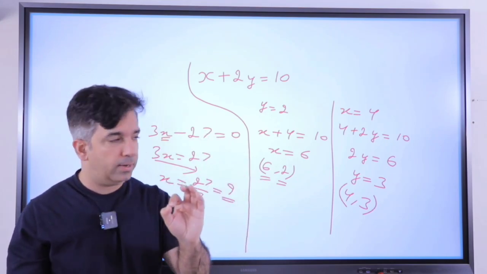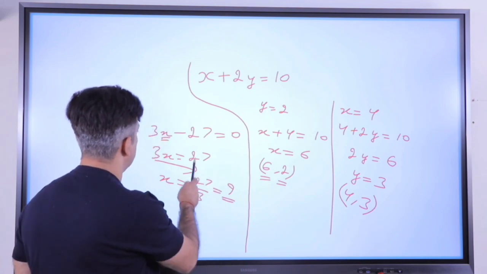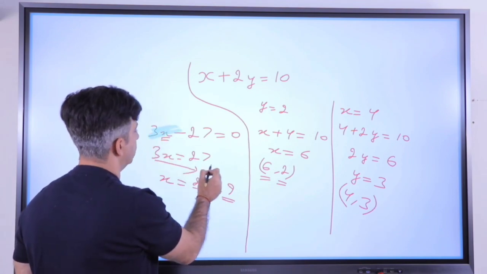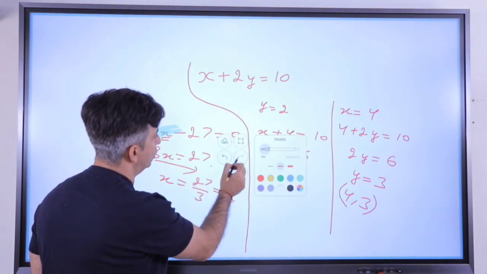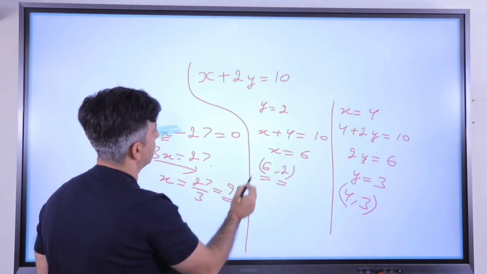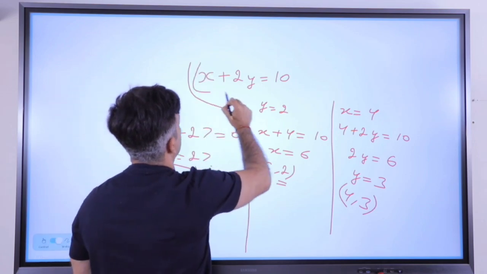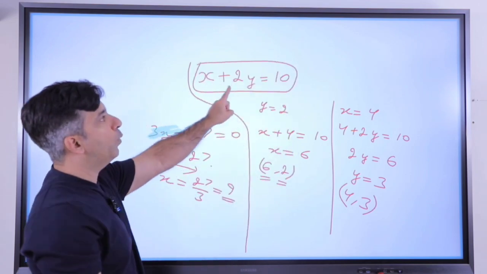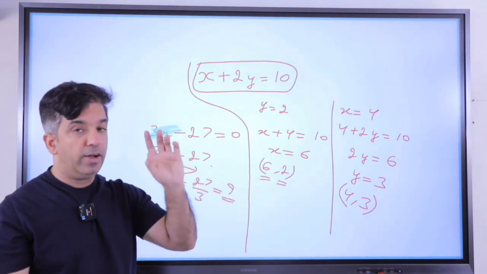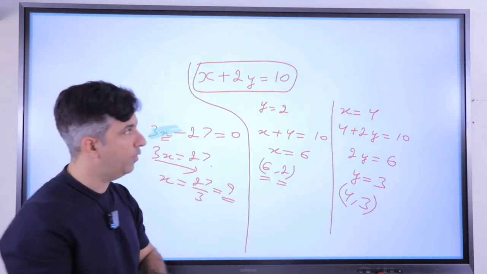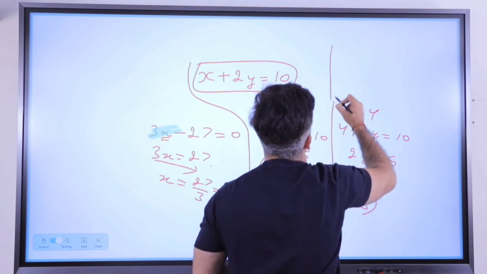Now comes the interesting part: if I plot these solutions on a graph, it always results in a straight line.